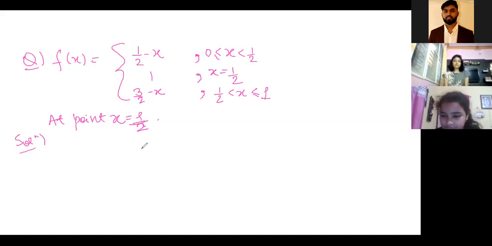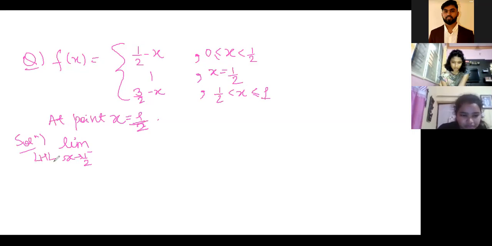Half. Exactly. So that's why what we'll write over here, limit x tends to half minus, if we have to find LHL. Okay, great. So, wait. Mummy, thoda dheere bolna, please.